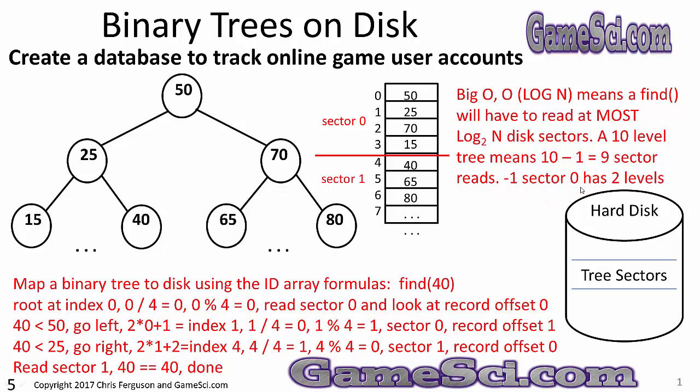Normally you'd have to do 10 sector reads to read 10 levels of the tree. But the first 2 levels of the tree, 50, 25, and 70, are located in sector 0. So we get to go through 2 levels of the tree for sector 0. Then as we work our way down the tree, we'll have to read basically 1 disk sector per level of the tree. 10 level tree, 9 sector reads.